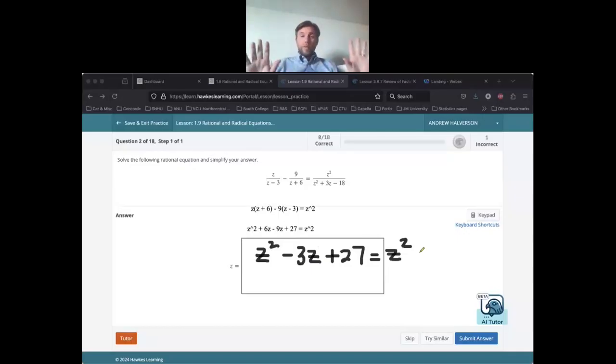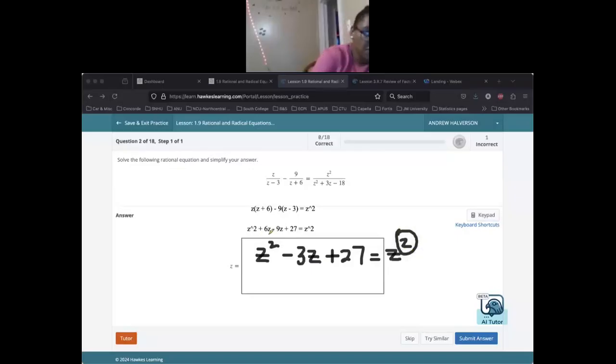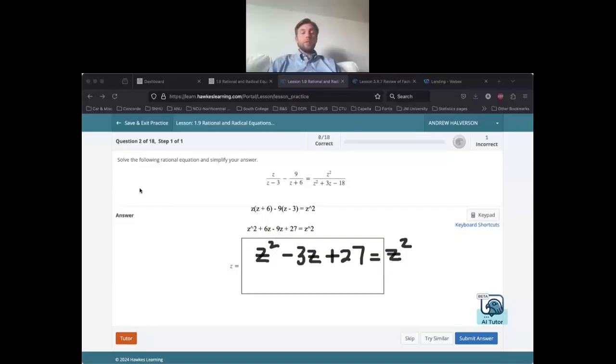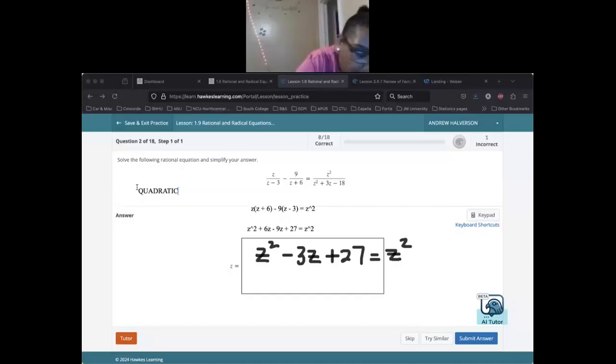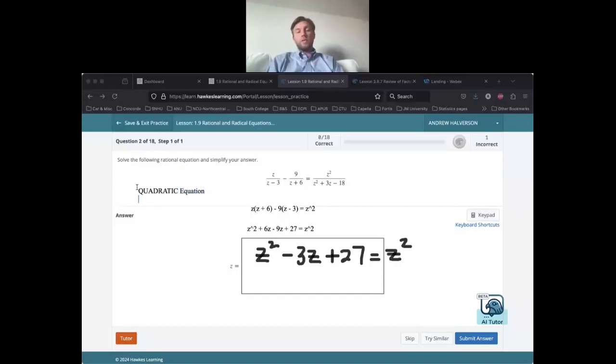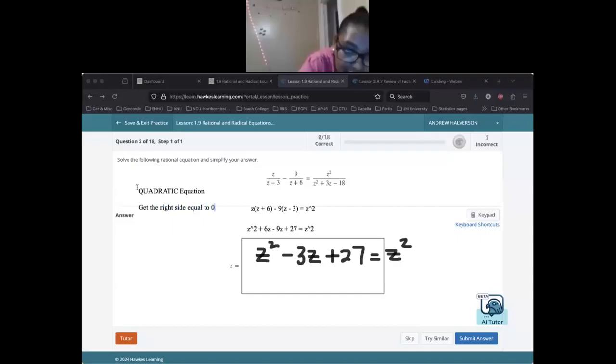Now remember, a couple lessons ago, when you have a square, what do you want to do? This is what we call a quadratic. What was the method for doing a quadratic equation? Get the left side equal to 0.